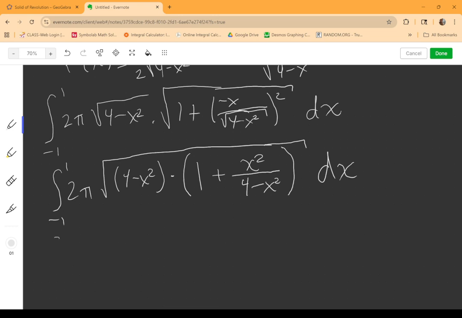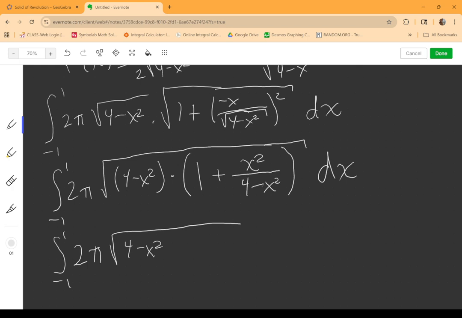Now again, still looks really intense, but we're going to see in a second this actually is going to be really easy. So 4 minus x squared times 1 is 4 minus x squared. Now distribute to the other term, x squared over 4 minus x squared. Notice that these terms are the same.